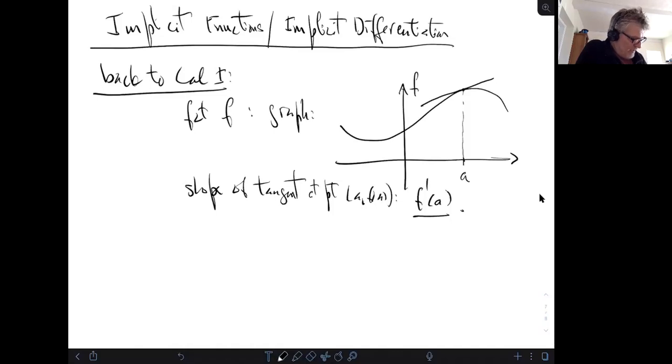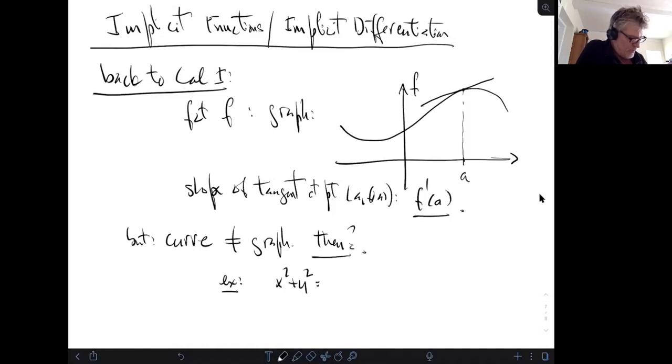But suppose that we have a curve which is not a graph. Then what do we do? Okay, so here's a simple example. I give you x squared plus y squared equals 1, a circle, right? This is not a graph, right?